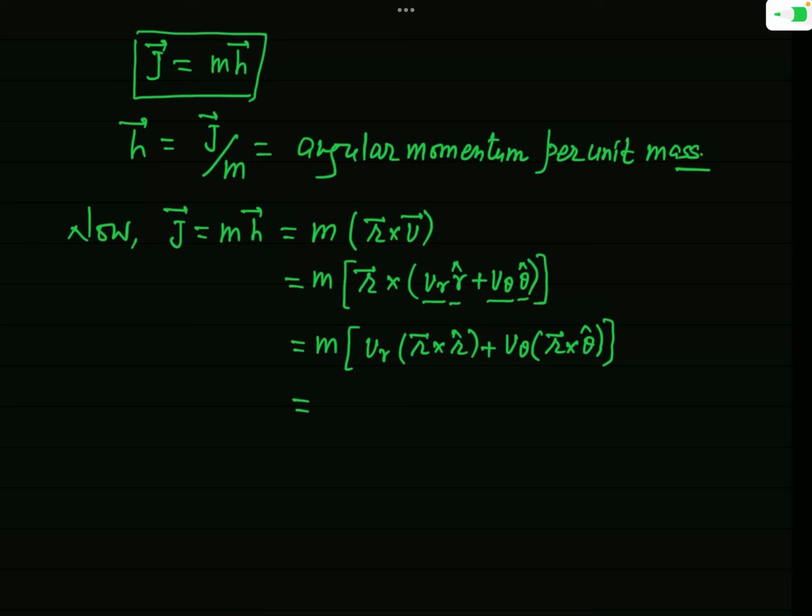Now, r cross r hat, since these two vectors are in the same direction, will be simply 0. So this will be m times 0 plus V theta term. If you consider that r cross theta hat is equal to a unit vector n hat, then this unit vector will be perpendicular to the r theta plane.